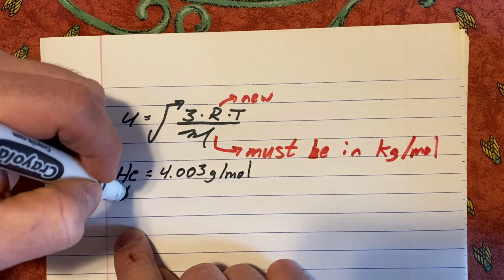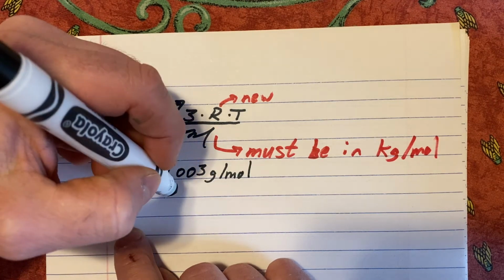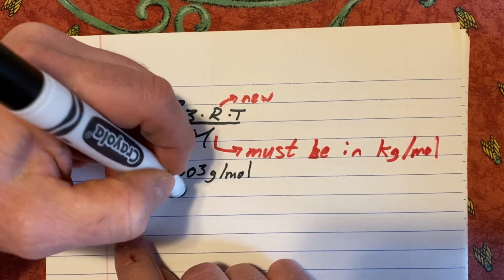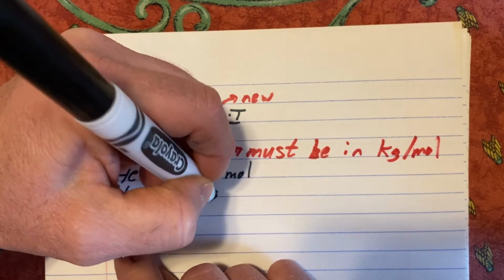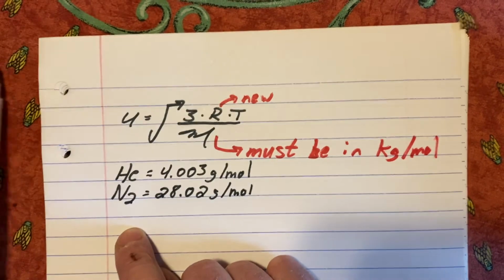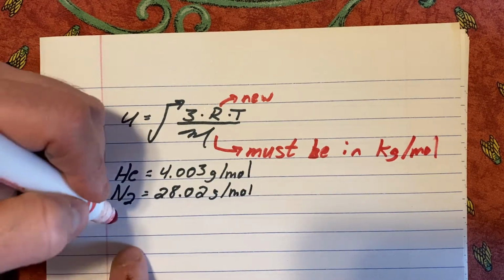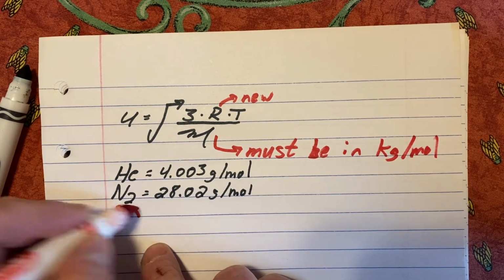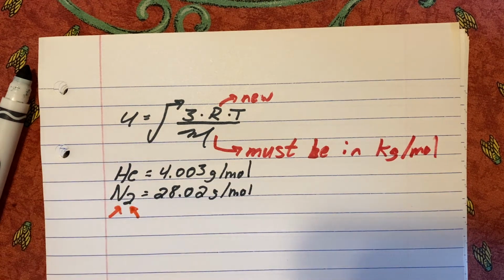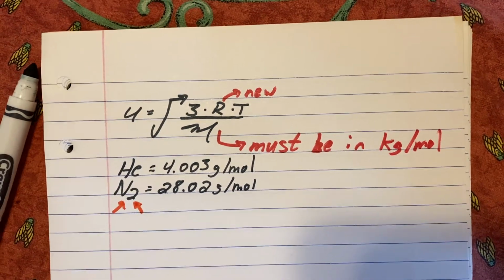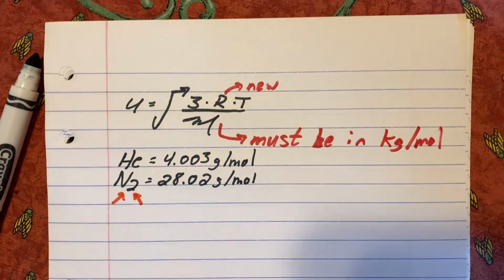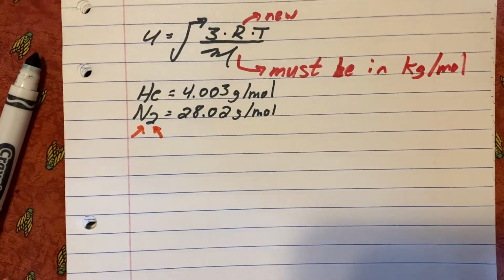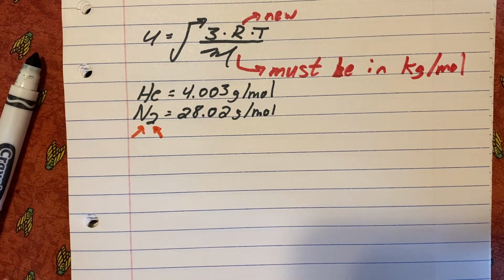And nitrogen is going to be equal to 28.02 grams per mole. And do not forget, nitrogen is one of your diatomics. There's a simple trick to remember the diatomics, and you cannot forget that. It's really important that you remember all of your diatomics. They're going to assume that you know that.